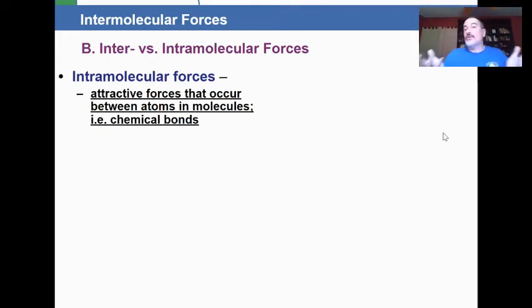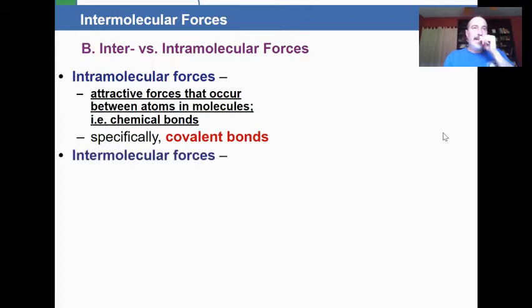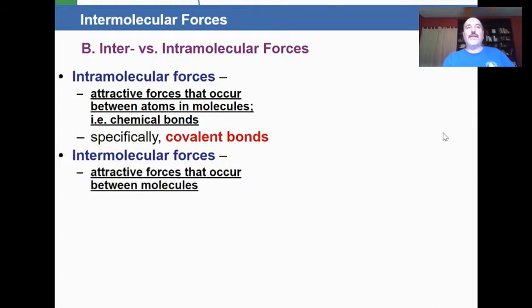In other words, a chemical bond. And if it's in a molecule, technically it is a covalent bond, since that's what occurs in molecules. Whereas intermolecular forces are the forces that occur between separate molecules.